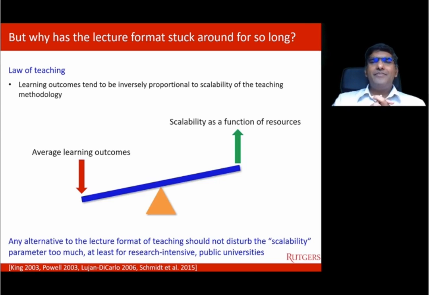So scalability is how much time, energy, effort, and space you have to spend to extend it to, for example, 300 students, 400 students, 500 students. Now, the lecture format is very good at scalability. It can scale to 400-500 person classrooms. But because of that, the learning outcome is lower.